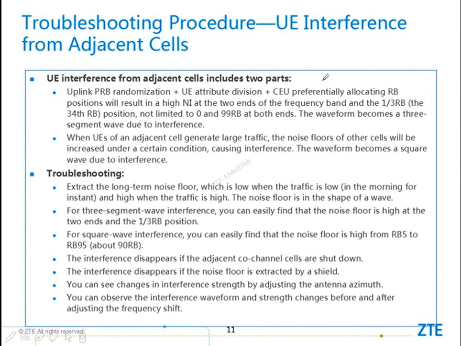If disabled, you can try to enable. Or you can see if the neighbor cell's P0 power of PUSCH or PUCCH is very high, you can try to reduce it to solve this problem. Okay.